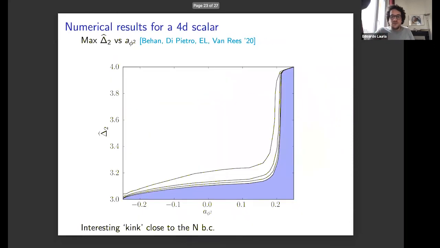In order to explain this feature here, the rule of the game is that a feature of the plot, like a kink, may indicate some interesting theory sitting there. There is no proof of that, but from experience it usually happens. So whenever you find a kink, you try to find a theory that has the right characteristics for being the theory living at the kink.